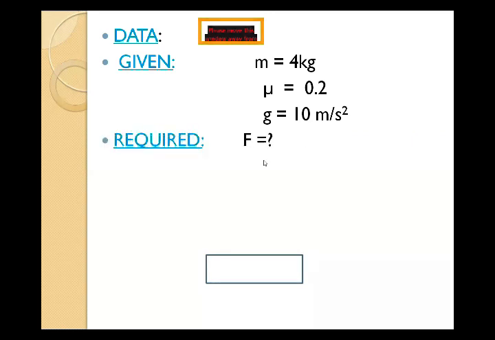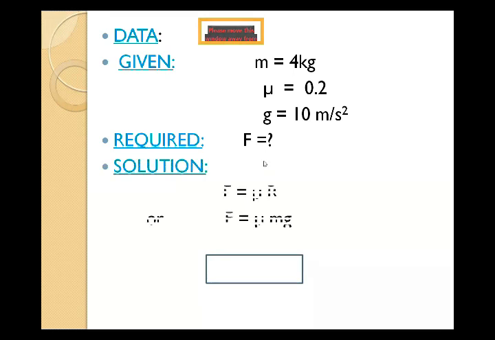So the required quantity is the force of friction, and we are going to use the formula of friction, that is F equals mu R or F equals mu mg. We can use these two formulas, and it depends upon the values which are given in the numerical. So by putting the values of the coefficient of friction, mass and acceleration due to gravity, the answer is 8 Newton. I hope you will understand it.